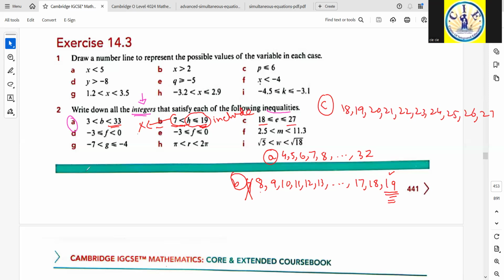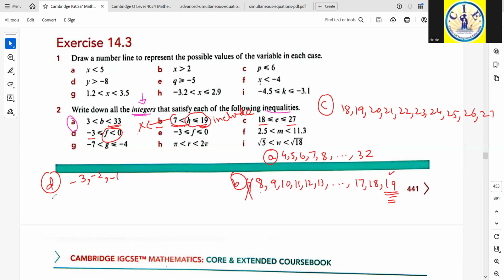And for part D, -3 lesser than or equal to f less than 0. So you need to have -3 to be included, then -2, then -1, and that's it. 0 is not to be included because there is an open inequality. So that's the answer to part D.